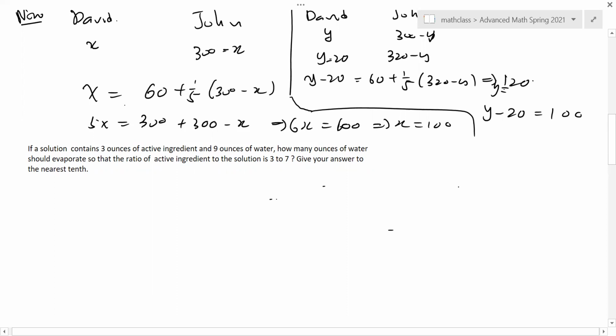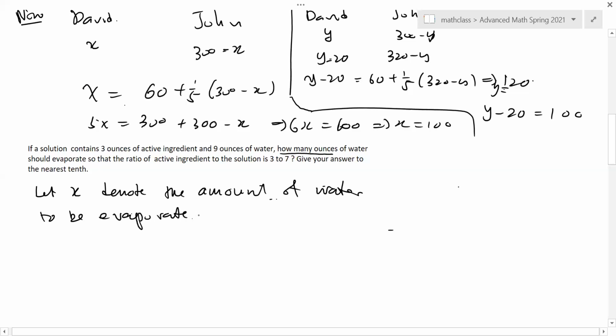So we let X denote the amount of water needed to be evaporated.